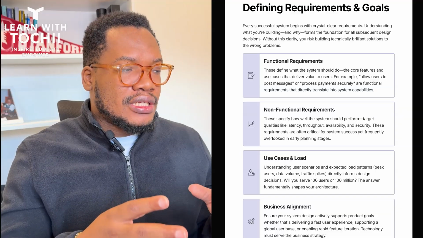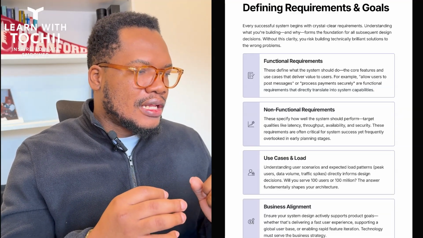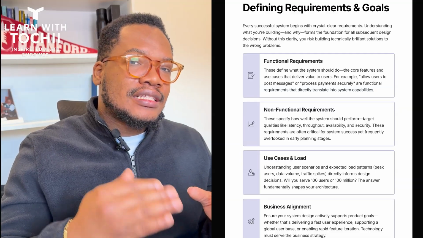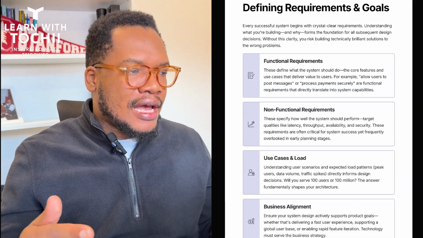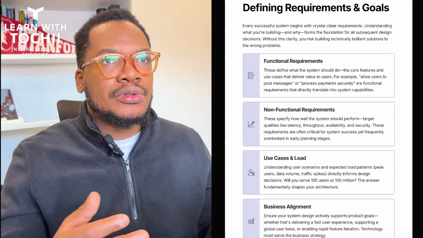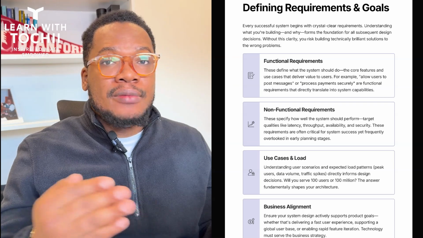Now, it's also important for you to understand use cases and load, right? Understanding a user scenario and the expected load patterns during any period in time directly informs your design decisions. I'll give you an example. There are certain times within each business that are peak periods.